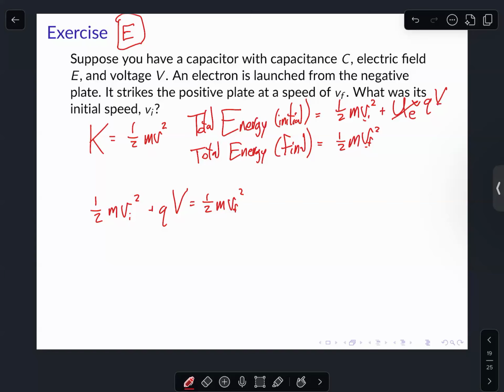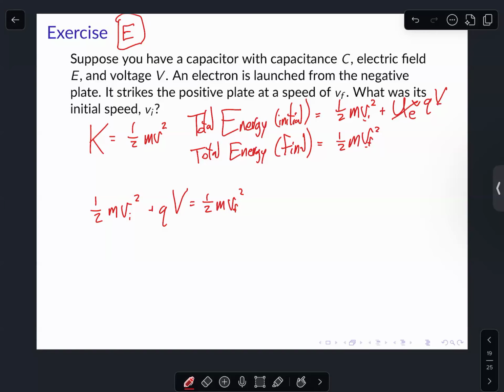Okay, let's do algebra. What do I want alone? V initial. Now there's stuff attached to it. There's a half m, there's a plus qV. What order do I do things? Do I get rid of multiplications or additions first in algebra?